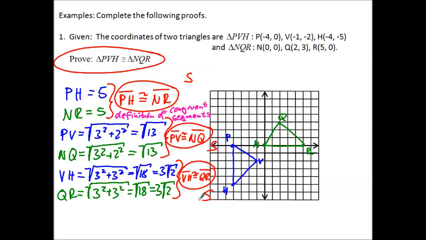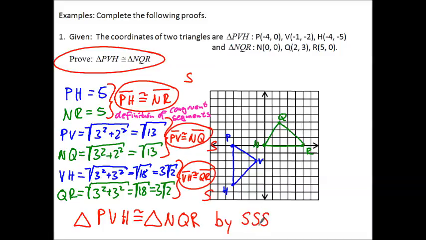Remember, it's usually enough to find three pieces of information if it also relates back to one of our congruence postulates or theorems. We have three congruent sides, so we can now indeed say and have proven that triangle PVH is congruent to triangle NQR. And we have proven this by the side congruence postulate.